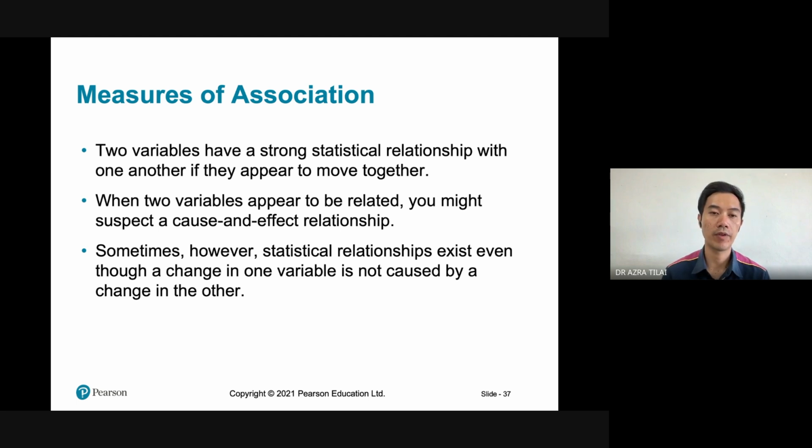So what are the factors? We want to quantify it and describe it in a numerical way. So there is a way to find out what the association is. Is it a positive relationship? Is it a negative relationship?